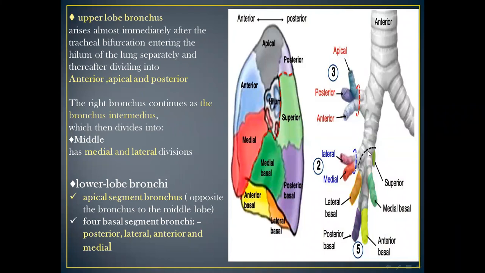Then the bronchus intermedius continues downward to further subdivide into middle and lower lobe bronchus. The middle lobe bronchus is divided into lateral and medial, and the lower lobe bronchus is divided into a superior segment and 4 basal segments, which are the lateral, posterior, anterior, and medial segments.